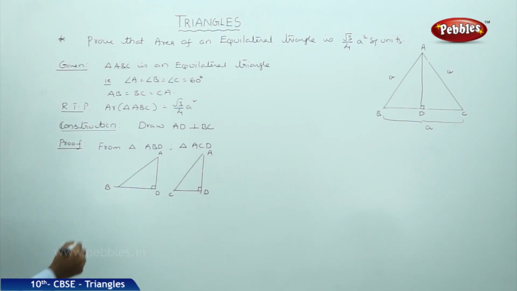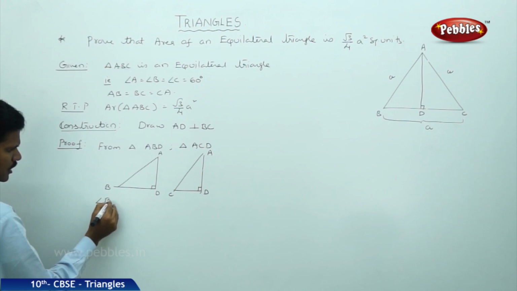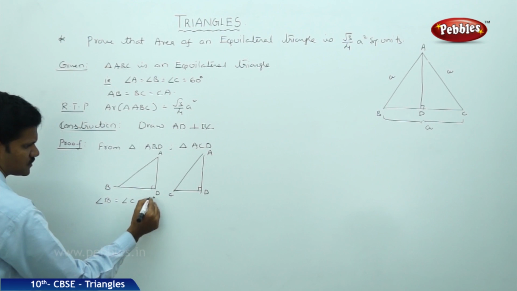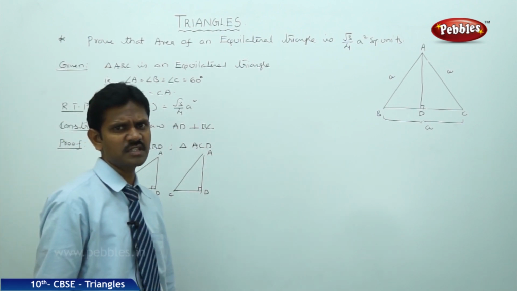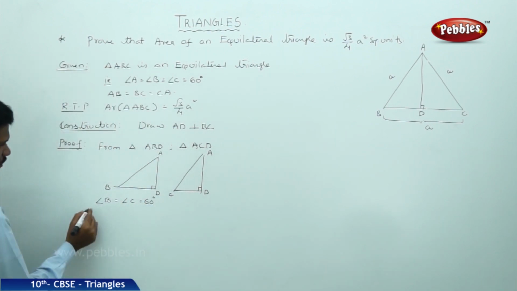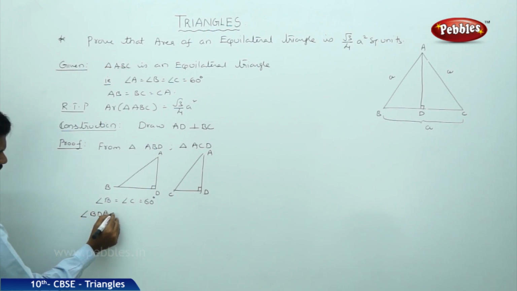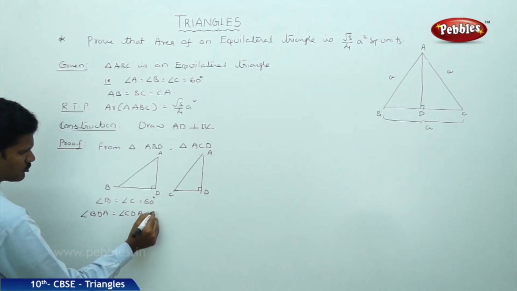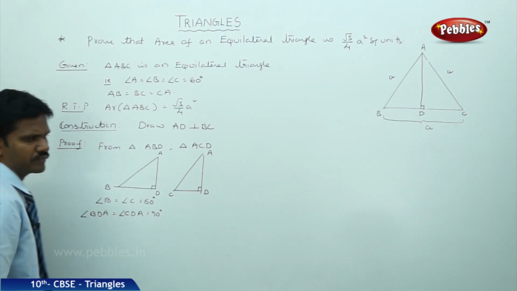In these two triangles, angle B is equal to angle C is equal to 60 degrees. That is, both are equal since it is an equilateral triangle. And angle BDA is equal to angle CDA is equal to 90 degrees.